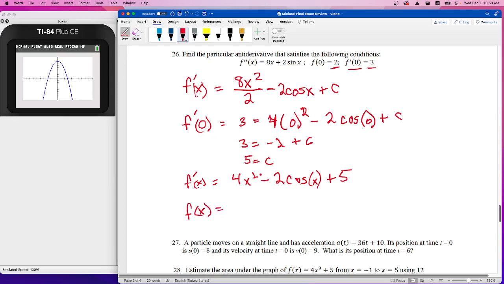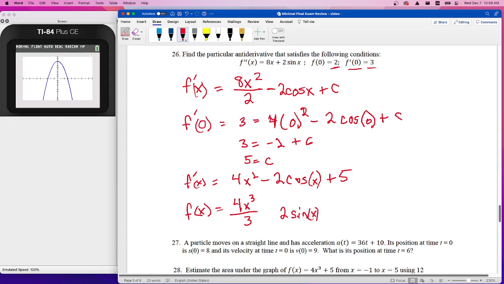Again, add 1 to the exponent. That's going to give us 3, and divide by that new exponent. So that's going to be 4x to the third divided by 3. Cosine, how do we get a cosine? We take the derivative of sine. So this is now going to be 2 sine of x.